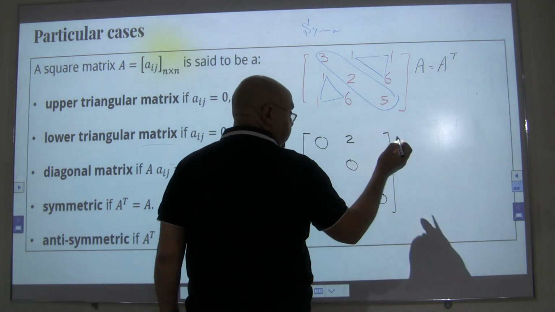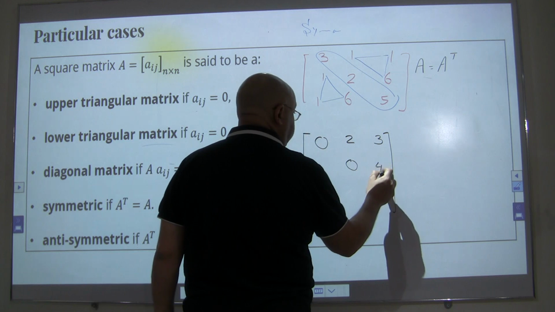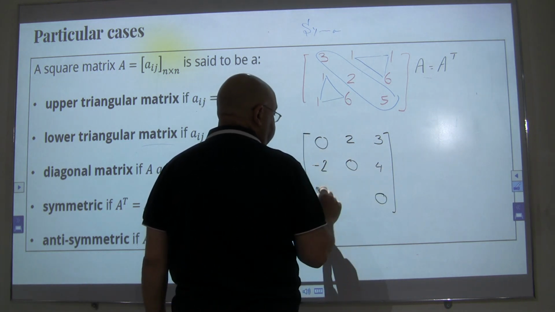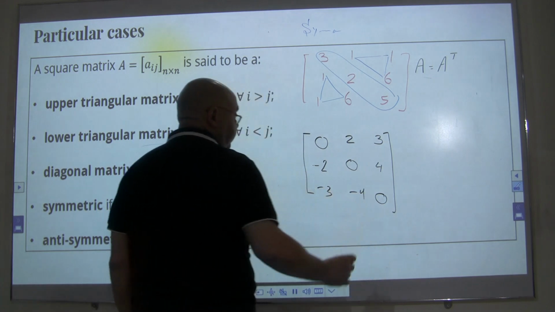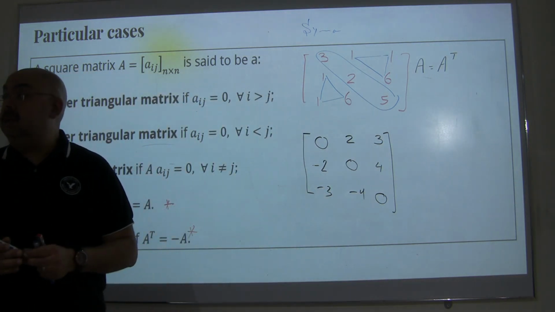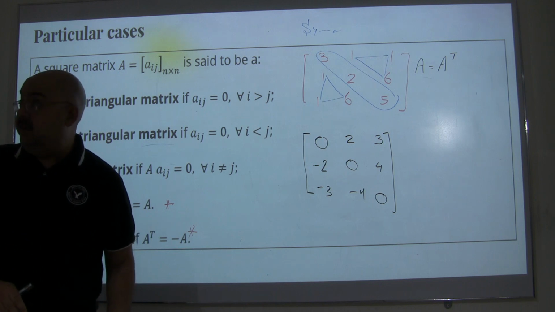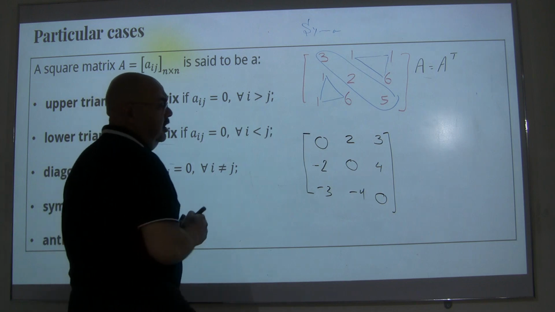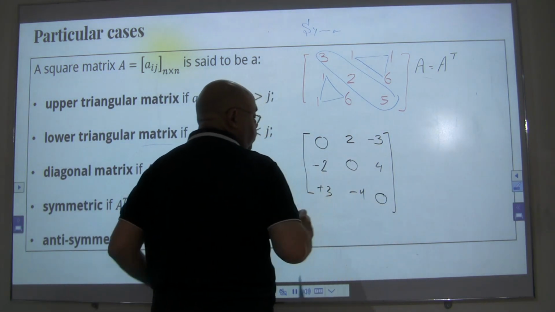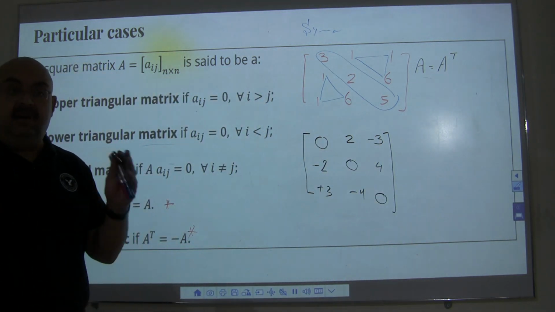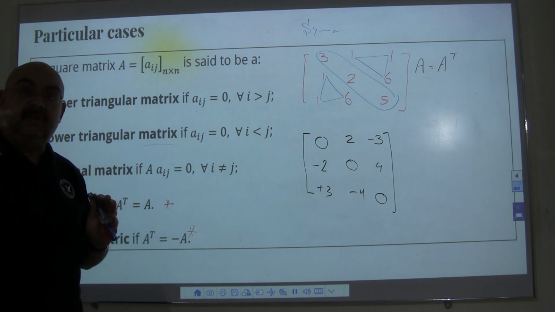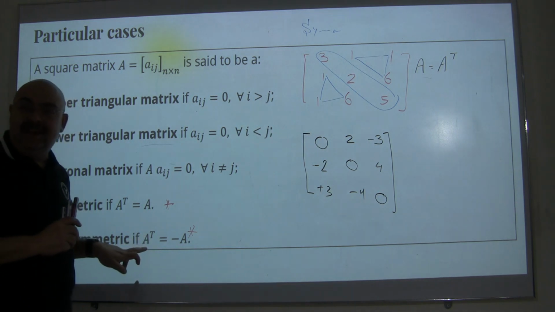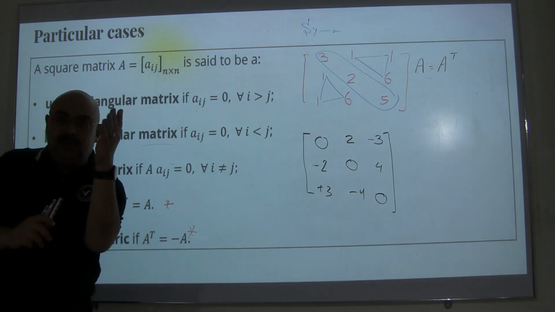This is going to be 2, let's say, 3, and 4. You will find the exact values, but with negative signs: -2, -3, and -4. So the upper triangle is exactly the same as the lower triangle, but they have opposite signs. Of course, if this one is negative, you will find this one is positive. This is why if you make a transpose of A, then multiply by negative, it will regain its shape.